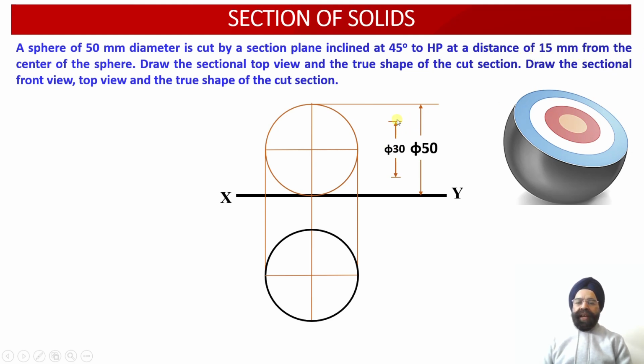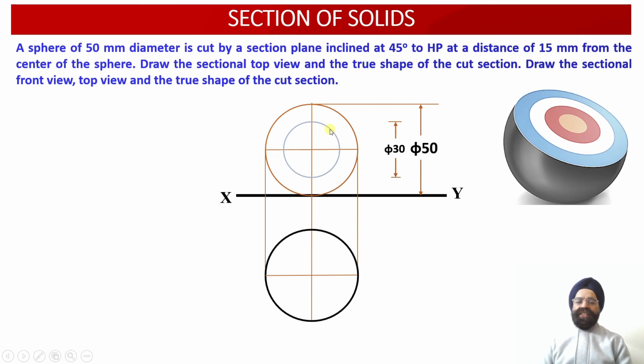So here again we can draw an arc or a circle such that the radius of the circle will be equal to 15 millimeter or the diameter of the circle will be equal to 30 millimeter.